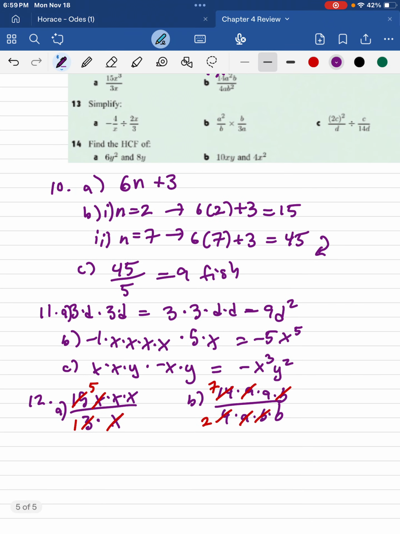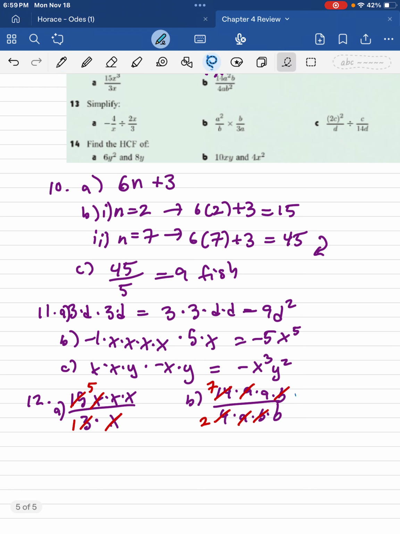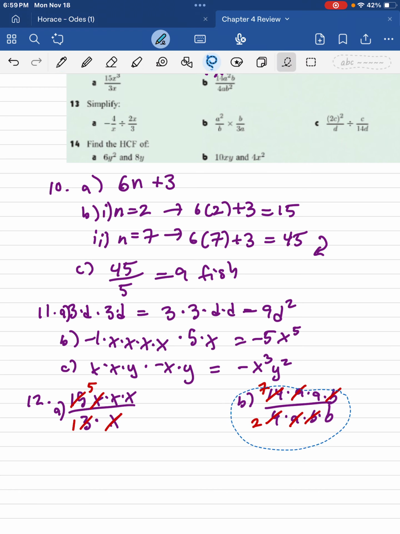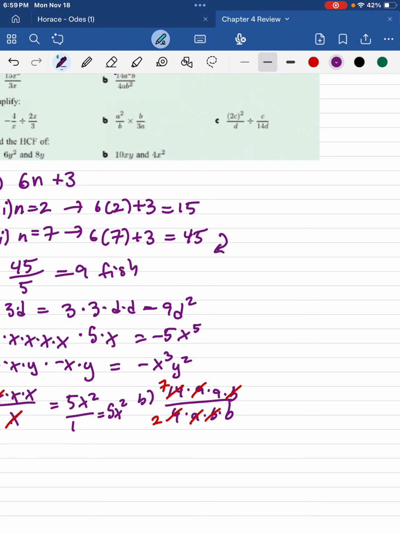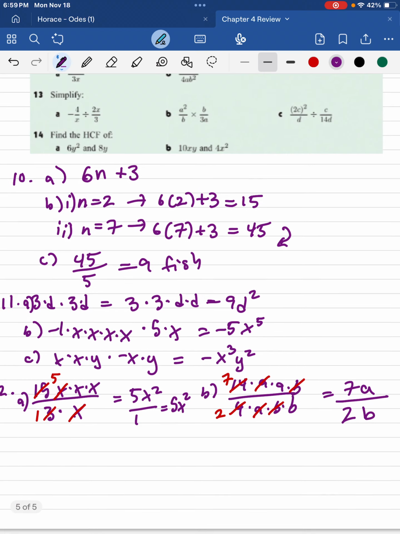So my final answer, therefore, will be 5x squared on top, and then 1 on the bottom, which is the same thing as 5x squared. And then here, I have 7 on top, 2 on bottom, I have A, I have B. Okay.